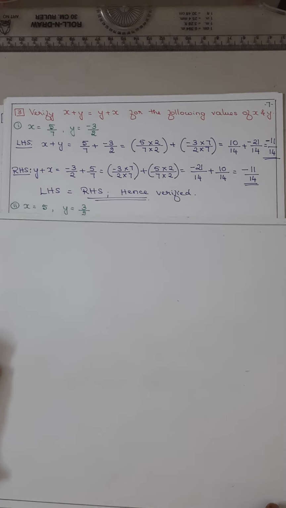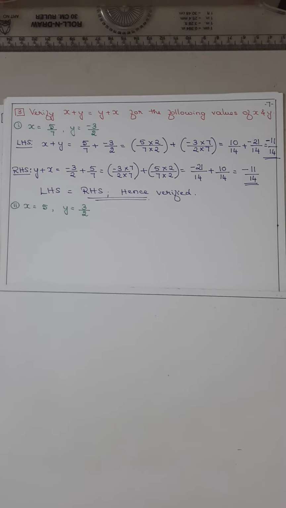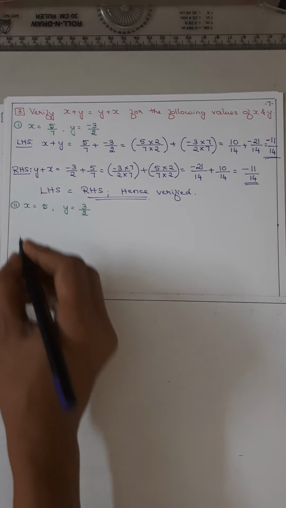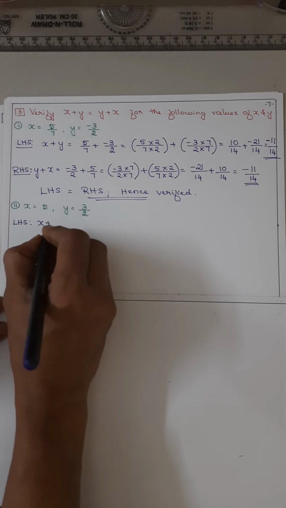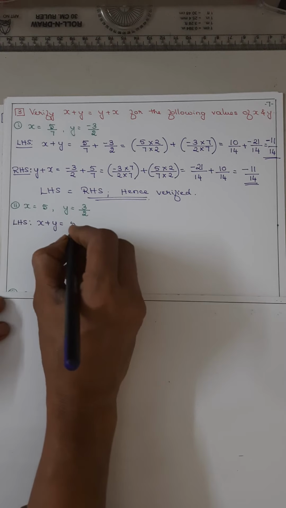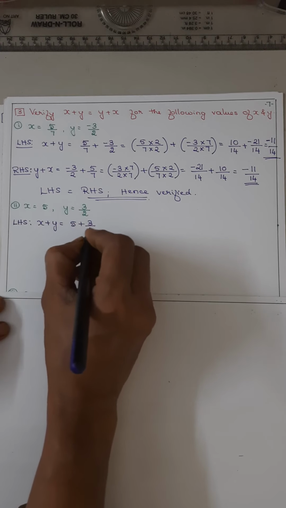Is it okay? Hope you have understood. You have to write LHS, RHS, okay? Now coming to the second subdivision, x is equal to 5 and y is equal to 3 by 2. So first LHS, x plus y, 5 plus 3 by 2.